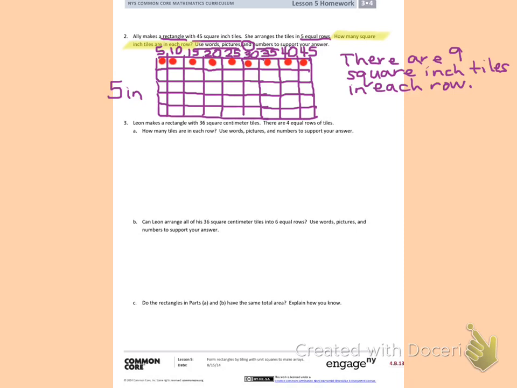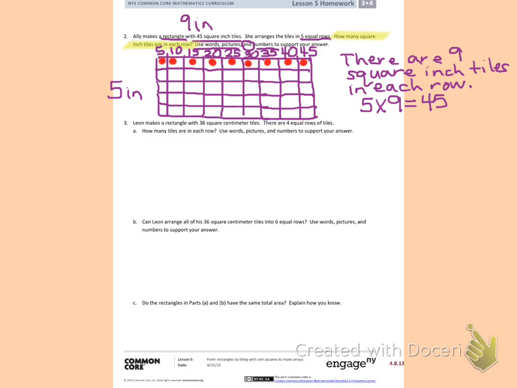So I'll put that at the top here. 9. And let's go ahead and make a multiplication problem to help support our answer. 5 groups of 9 equals 45. And of course, those are square inch tiles.